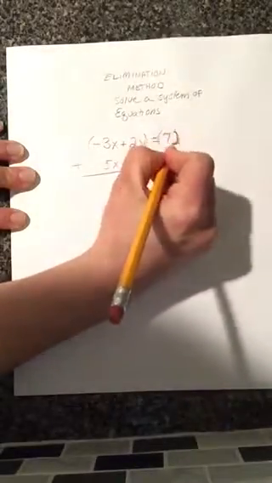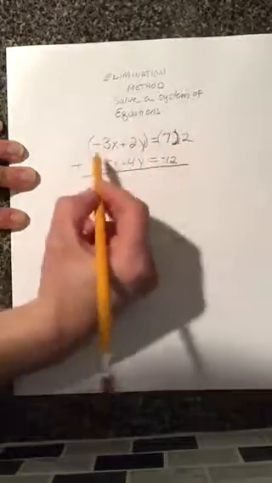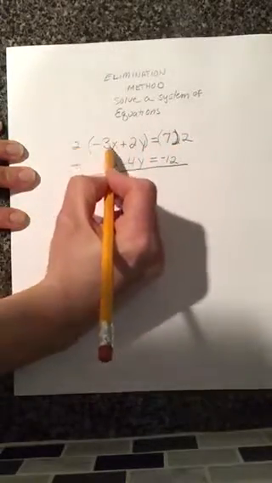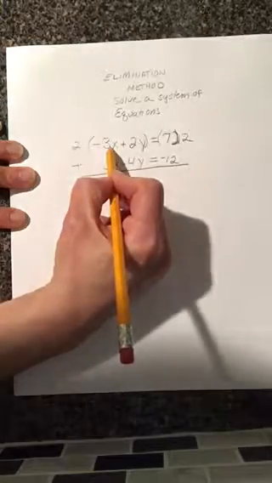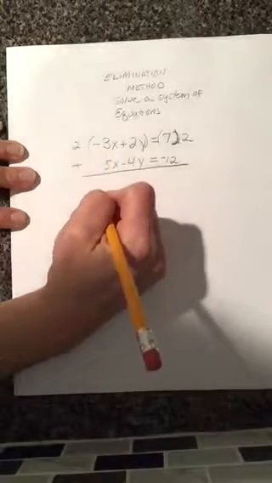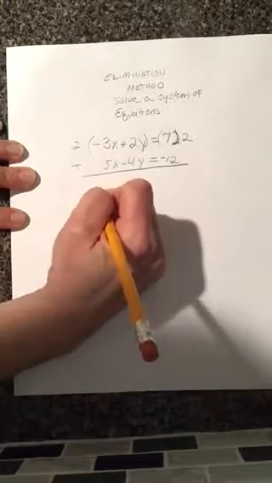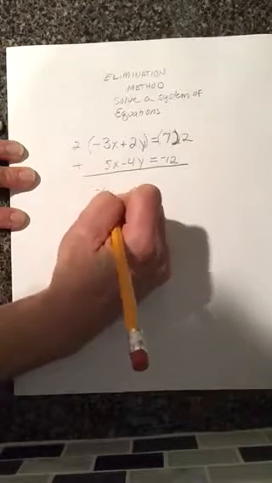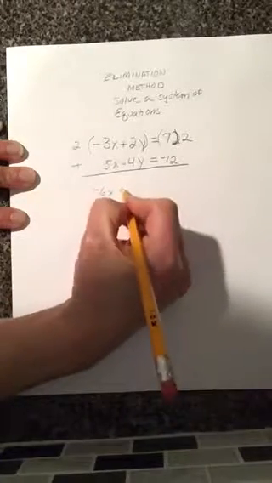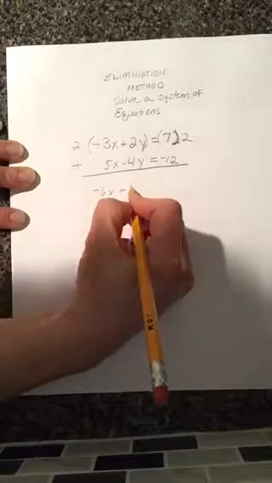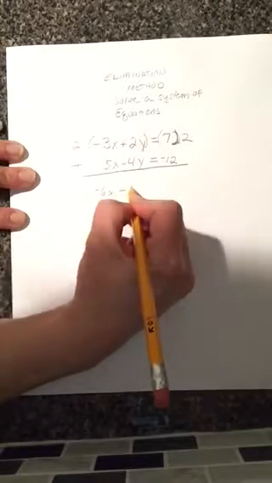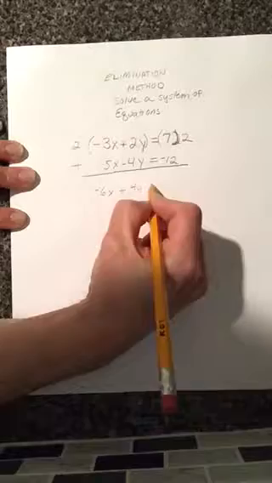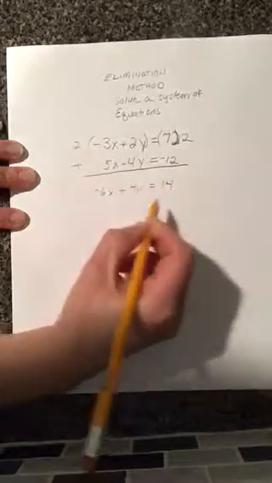So if I do that, I end up with negative 6x plus 4y equals 14.